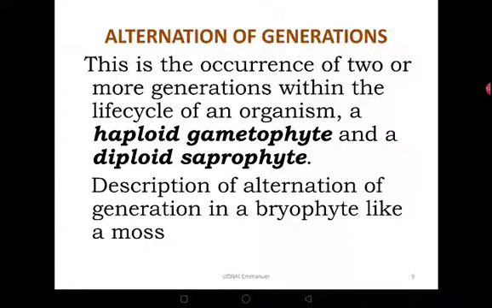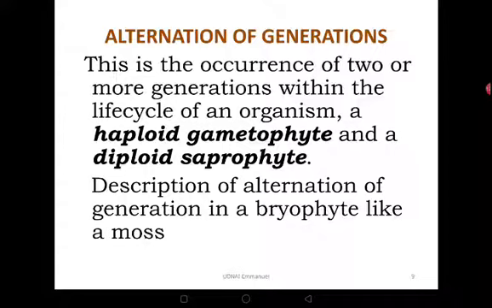We are going to look at this term. I don't know whether you have ever heard about it. What is alternation of generations? Members, this is the occurrence of two or more generations within the life cycle of an organism. So when two or more generations occur in the life cycle of an organism, we call that alternation of what? Generations.